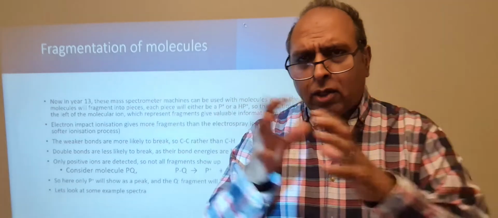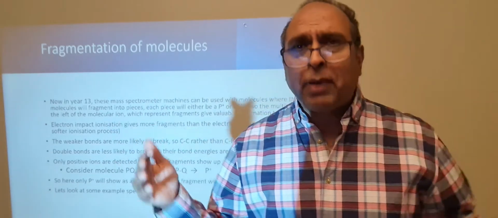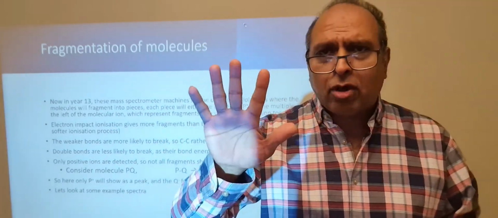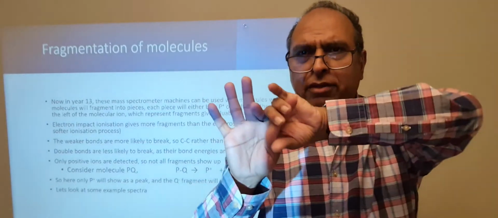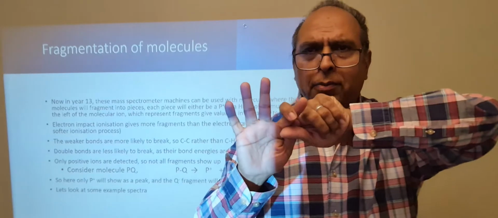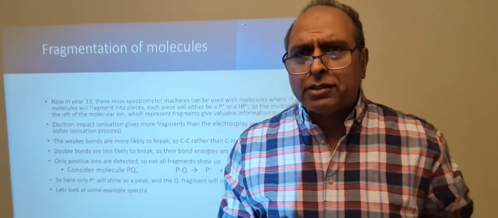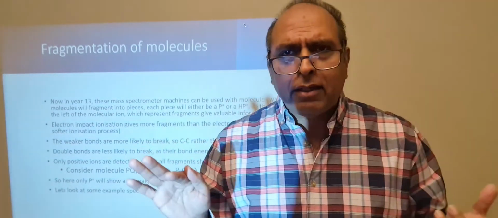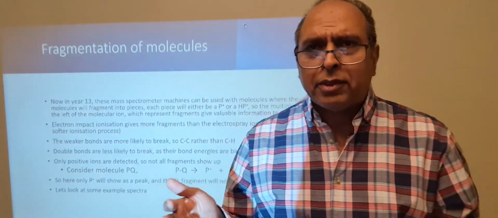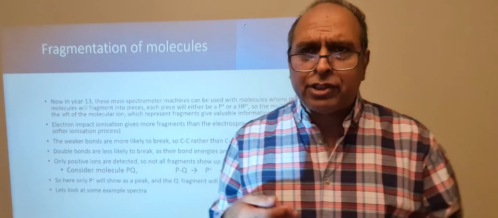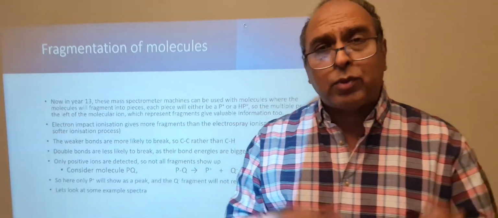So if we've got a molecule, say pentane, 5 carbons long, then maybe a piece can break. 2 carbons can break off as an ethyl group and the other 3 carbons as a propyl group. Provided one of them is positively charged, then it will show up and we'll see it.